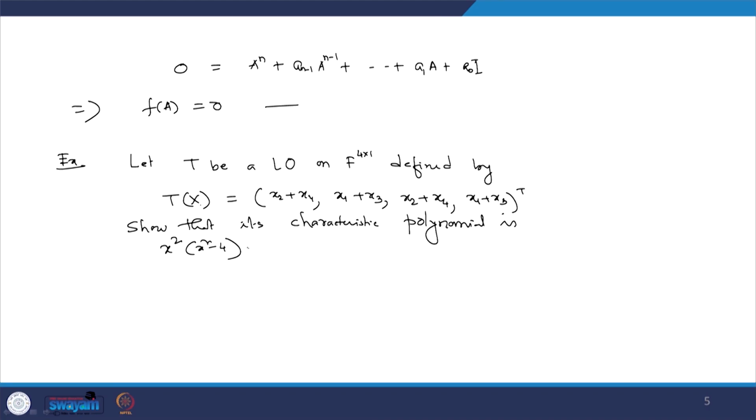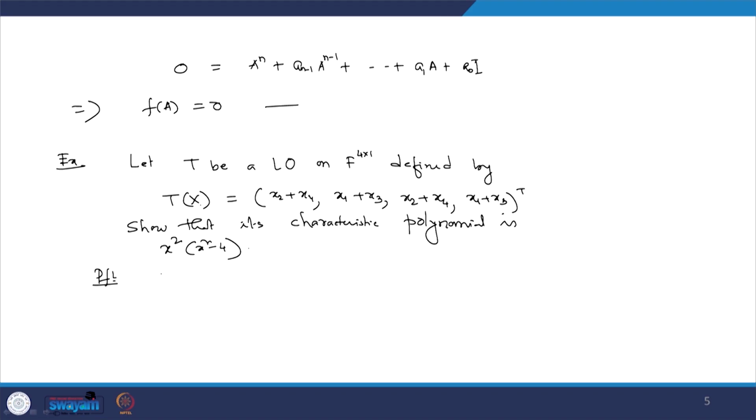Let T be a linear operator defined by T of x equal to x 2 plus x 4, comma x 1 plus x 3, comma x 2 plus x 4, comma x 1 plus x 3, transpose, so that its characteristic polynomial is x square into x square minus 4. I mean to say, I have to show that A square into A square minus 4 equal to 0. To prove this one, I have to immediately translate this operator into the corresponding matrix form.